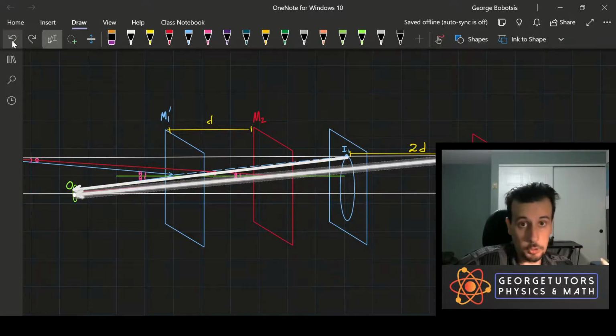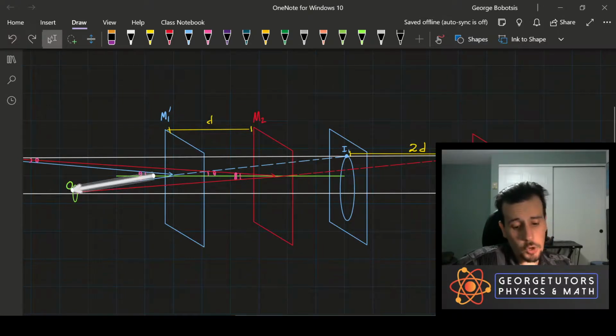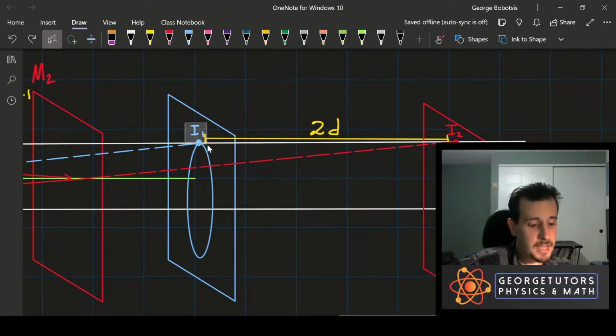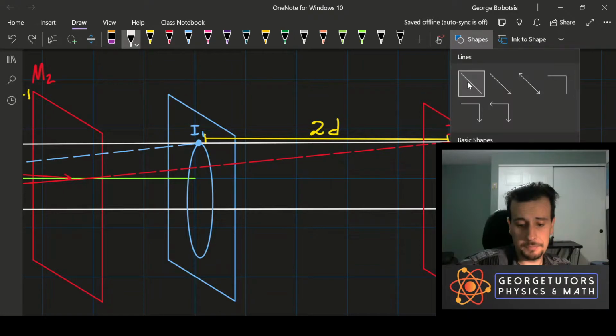So if I want to calculate the path here, I notice that I can connect where I1 is. I can drop a line right now over here. Let's draw it in white.